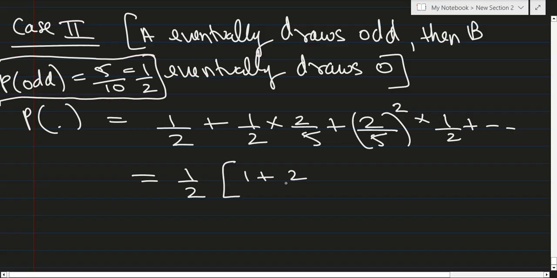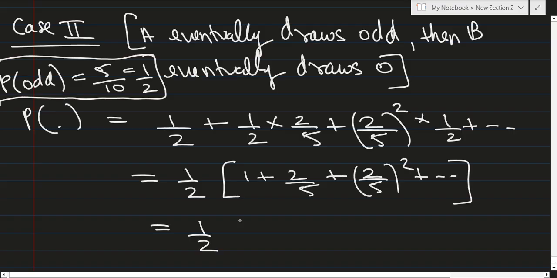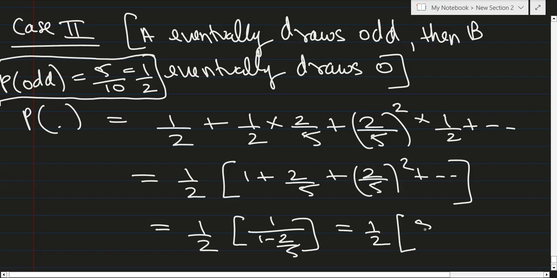Now again solving in the likewise manner, we get a geometric progression again, and we solve it in the same manner. We get a upon 1 minus r, this to be 1 by 2 whole into 5 upon 3.